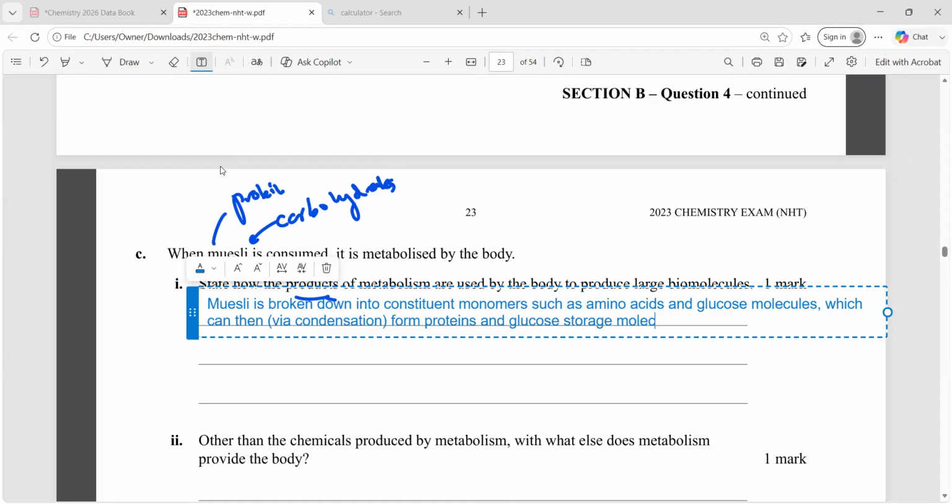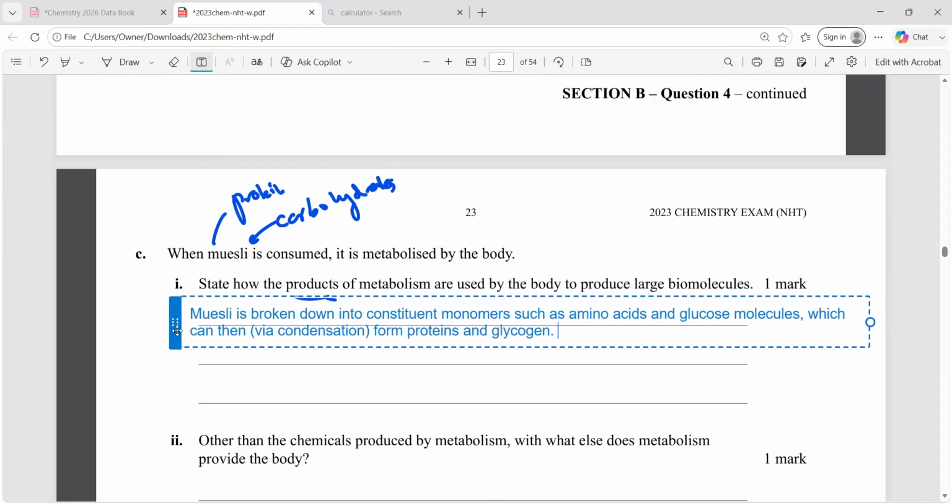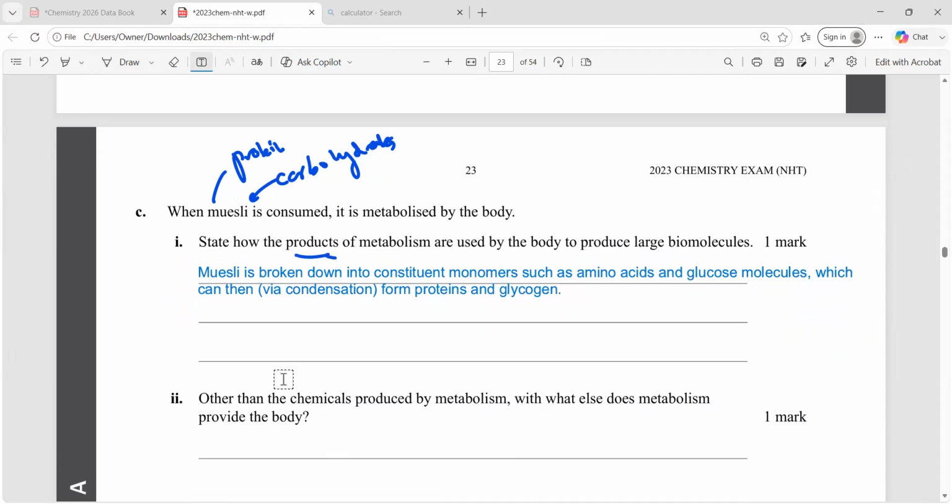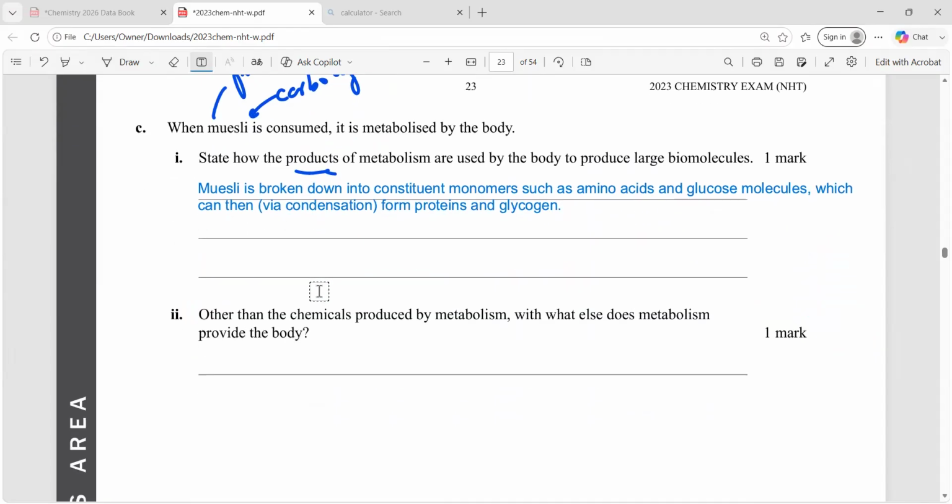I think that's fine. Is that a bit of a cop out? Or maybe I can just say glycogen. I hate questions like these because it's so obvious. Muesli is broken down, which can then, I think condensation is probably the important part here, right? It seems like too easy of a question.